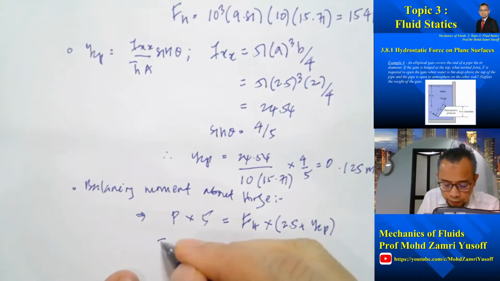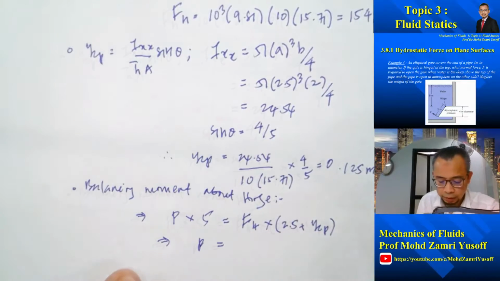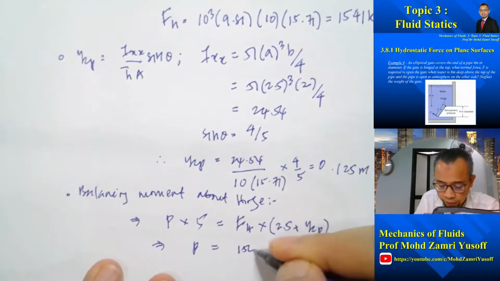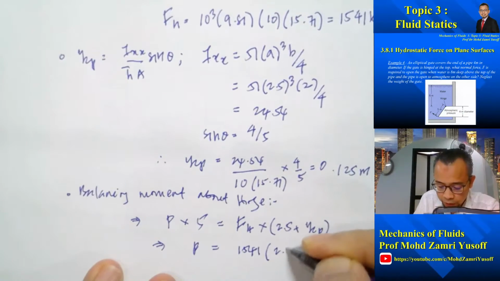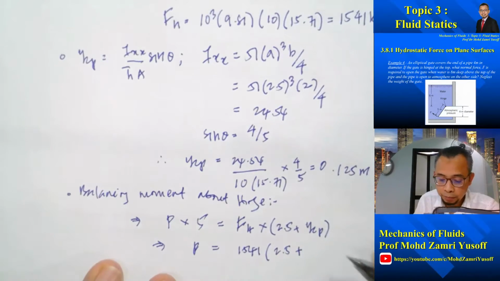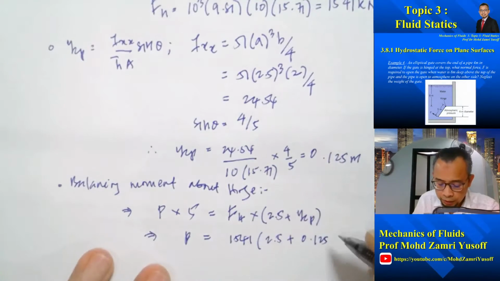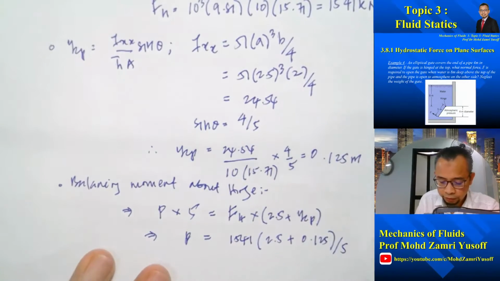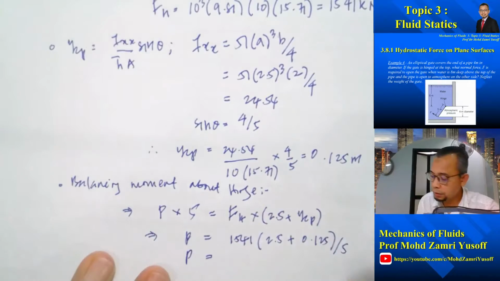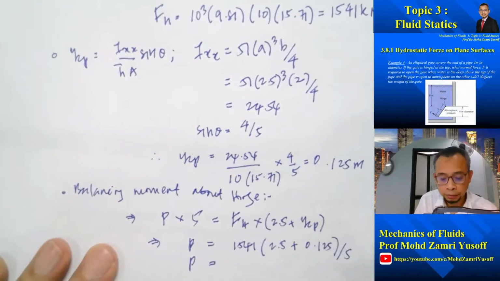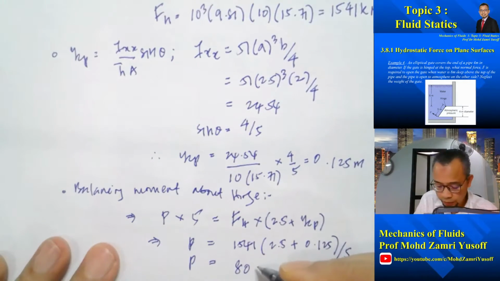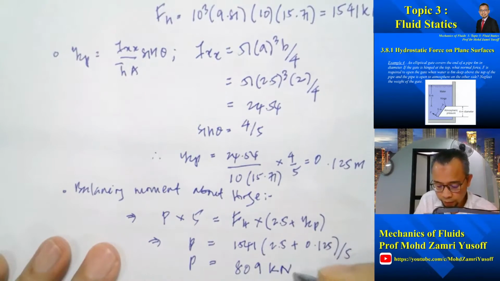So then we can get our P: Fh, which is 1541, multiplied by 2.5 plus YCP, which is 0.125, divided by 5. That gives us the force of 809 kilonewton.